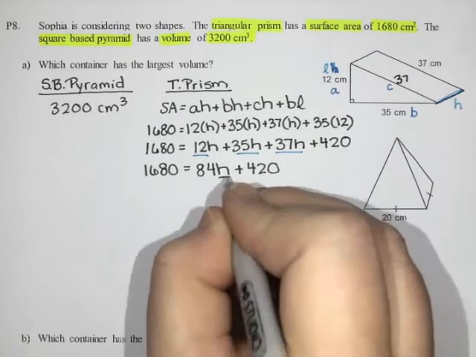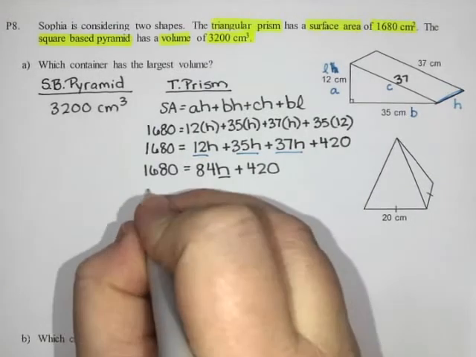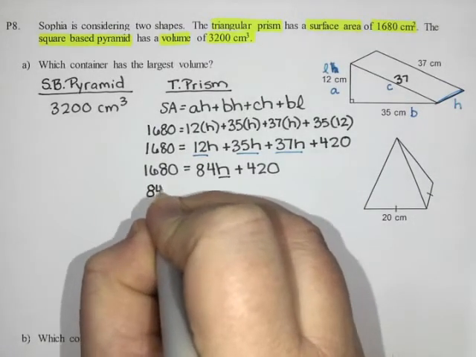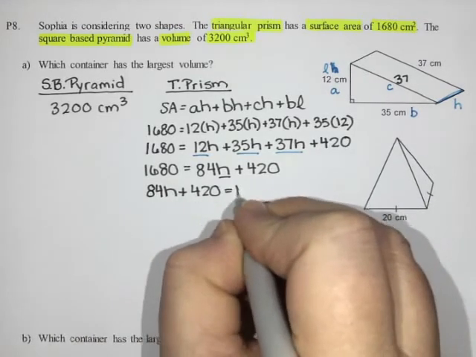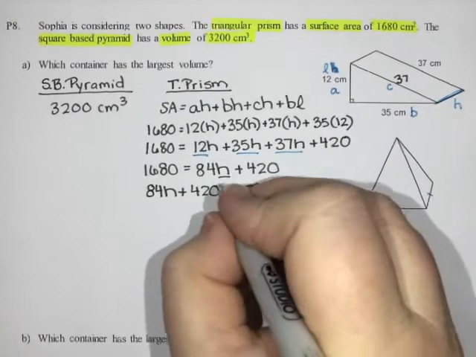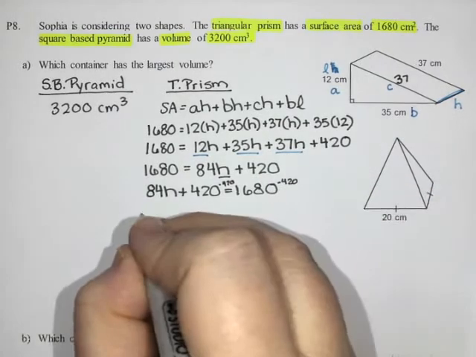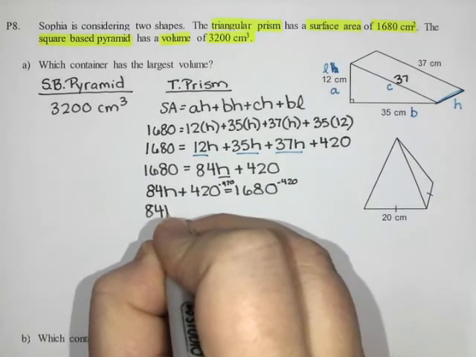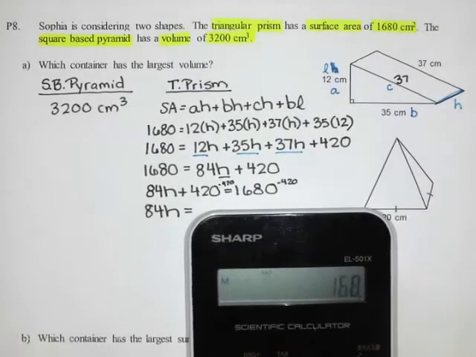Now our job is going to be to try to figure out what that height is. So I'm going to flip the equation over. And then I'm going to solve for h. So I'm going to start by subtracting 420. So I get 84h equals 1,680.